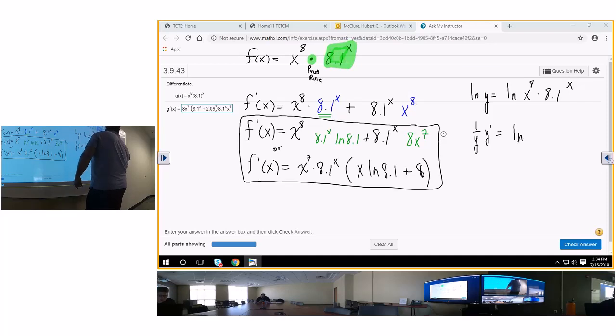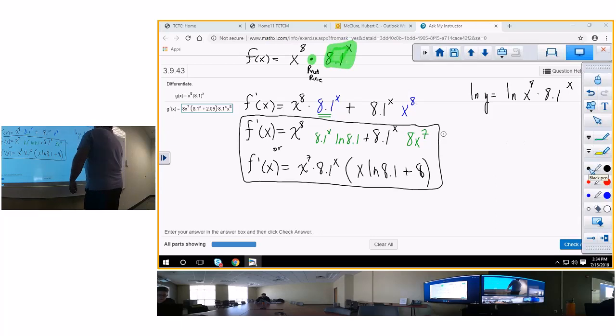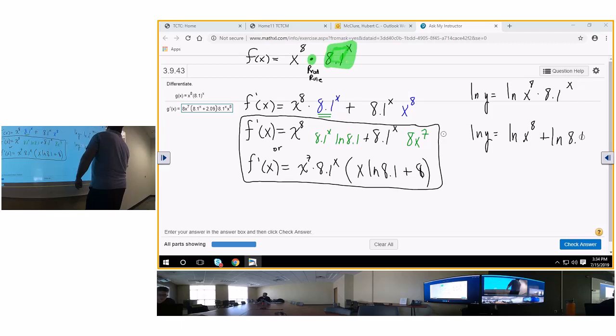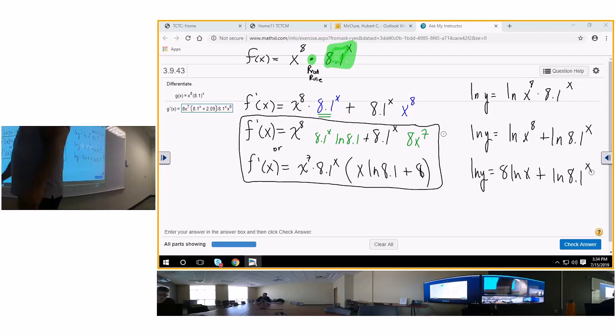Well, no, I don't want to take the derivative yet. Sorry, I ain't finished rewriting. Natural log of y is equal to the natural log of x to the 8th plus the natural log of 8.1 to the x. So natural log of y is equal to 8 natural log of x plus natural log of 8.1 to the x. There you go. Now I want you to do that one.